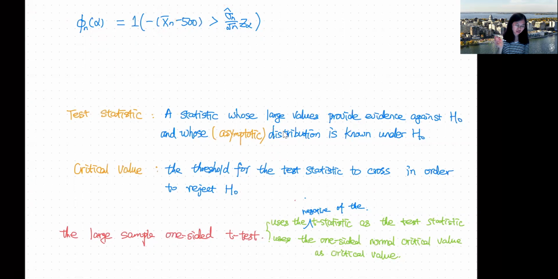Otherwise, we do not reject the null hypothesis. So this is what this formula means. We reject the null when this inequality holds and do not reject the null otherwise.